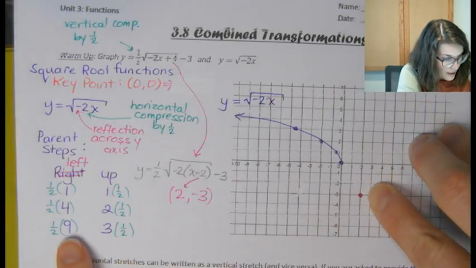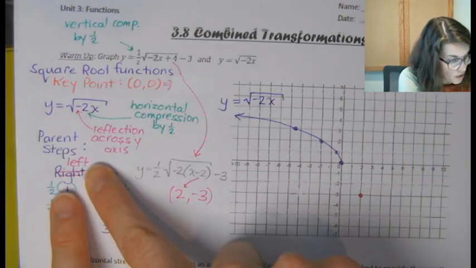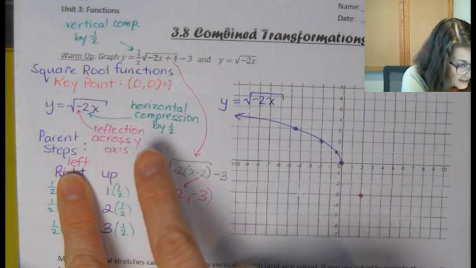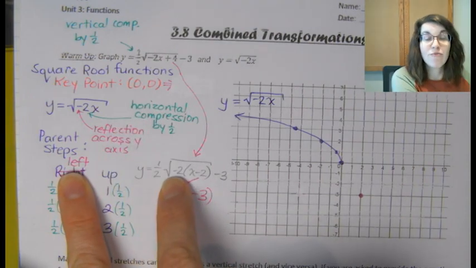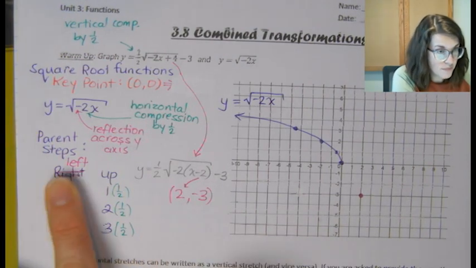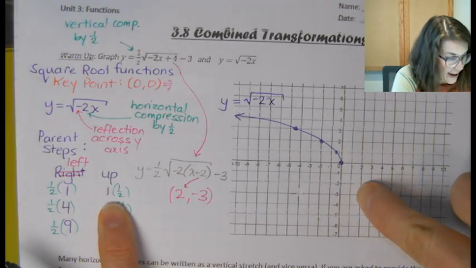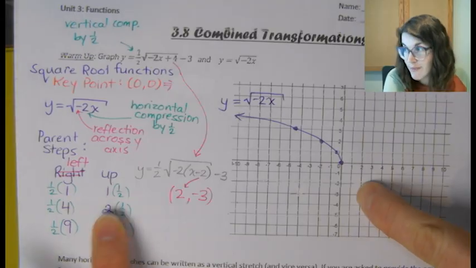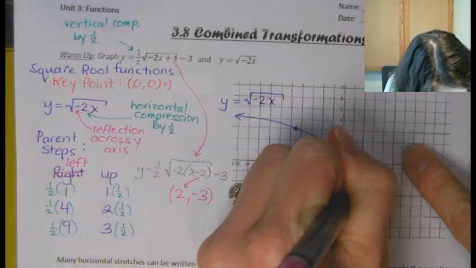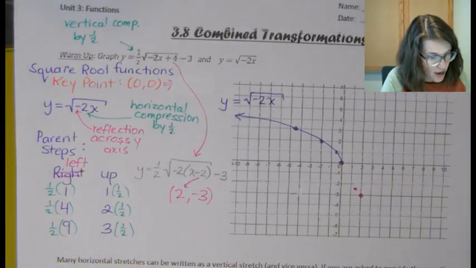And then we're just going to count our new steps. So I'm going to go left. Remember, the left is because I still have that negative in front of my horizontal compression. So it's left 1/2 from my key point. So left 1/2, and then up 1/2. So it's going to be like smack dab in the middle of that box.